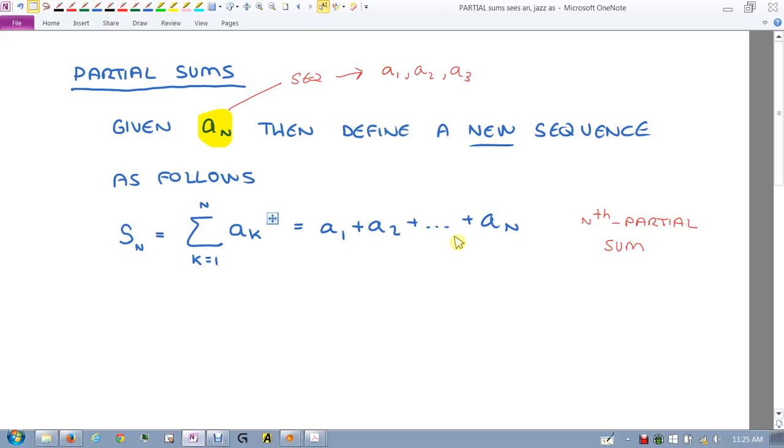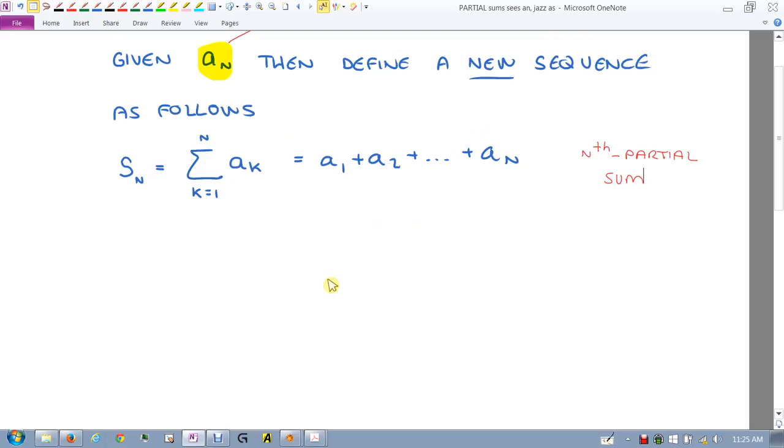Let's see why it creates a sequence. Tell me what S sub 1 is. So n is 1, right? That means this n is 1. So I'm going to start at 1 and end at 1, right? So that means all I get to do is plug 1 in here, and I'm done. So I get what? S sub 1 would be a sub 1, and that's it. What would S sub 2 be? So now I replace this with 2, which means I'm going to start at 1 and end at, this time, 2.